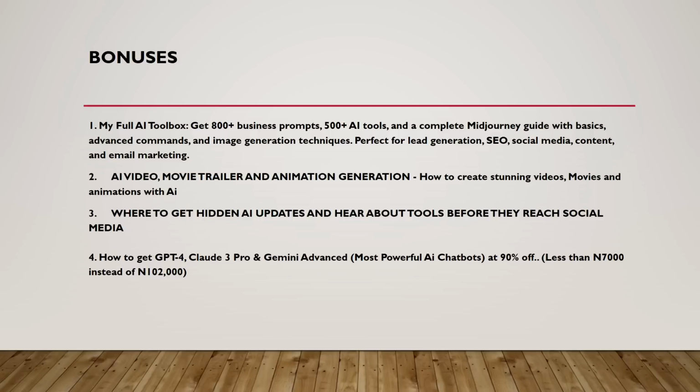They cost 102,000 naira per month, because each of them costs $20 to subscribe every month, and $20 times 3 is $60. $60 is around 102,000 naira right now every single month. That is the cost that you pay if you were to get them on your own. But we'll show you how you can get them at 90% off, paying less than 7,000 naira per month instead of 102,000 if you're actually getting this bundle.